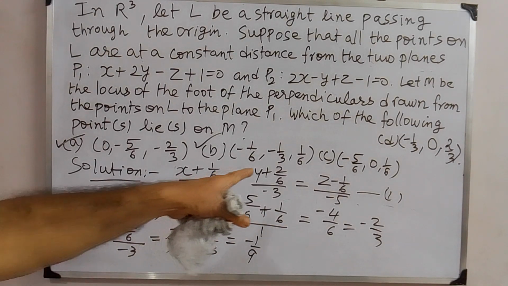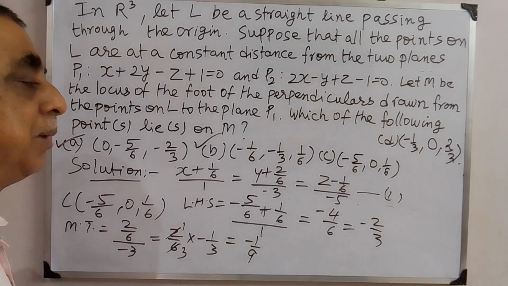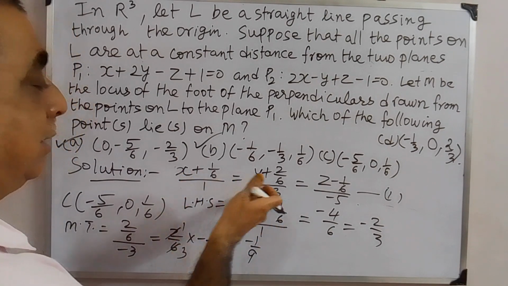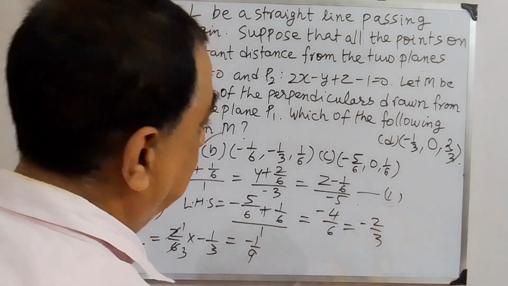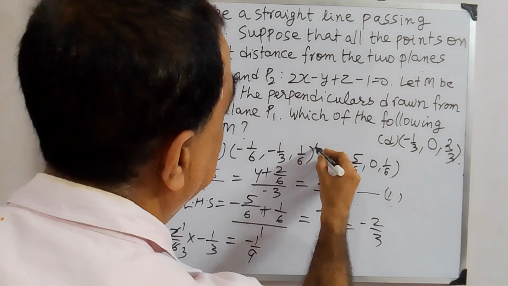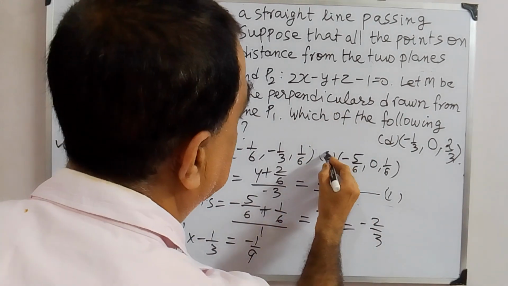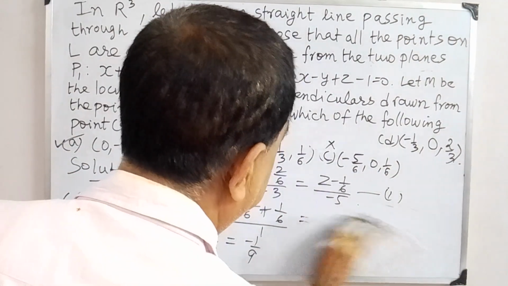So this point is not satisfied because LHS and the middle term are not equal. No need of finding the RHS. So the C point is not lying on this locus. So C is not the correct option.